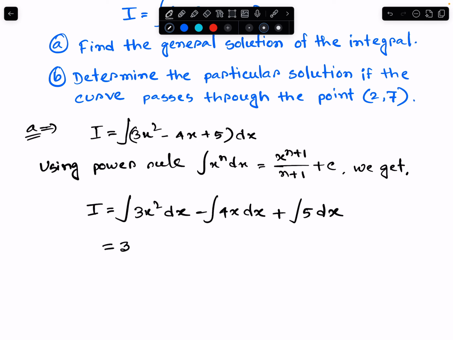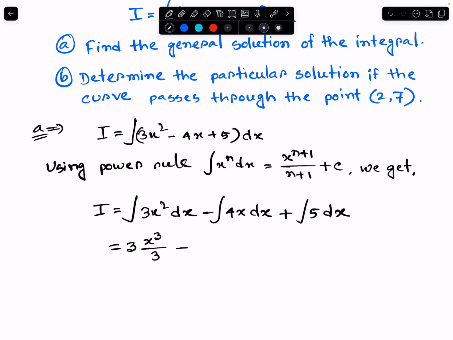For x squared, the power is 2, so the power rule gives n plus 1, which is 2 plus 1 equal to 3, so x cubed divided by 3, right? Minus, and as we are integrating separately, we don't have to put plus c for every part. We can put plus c once.